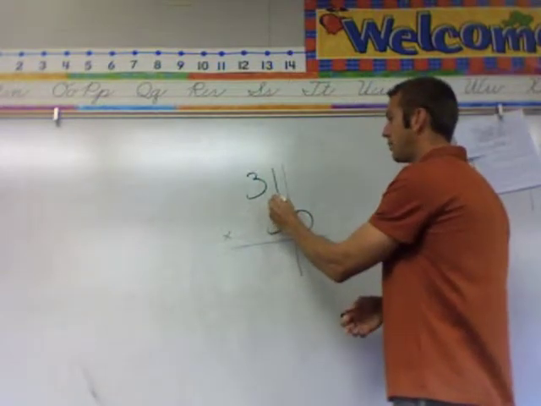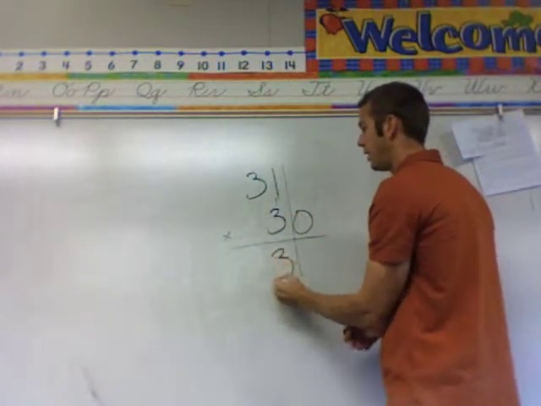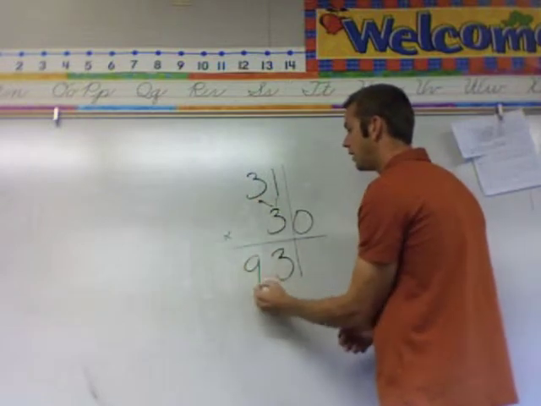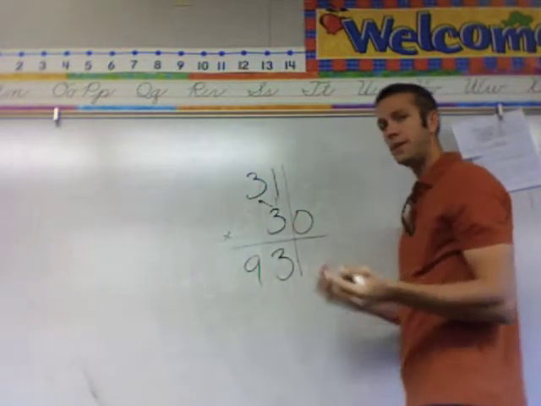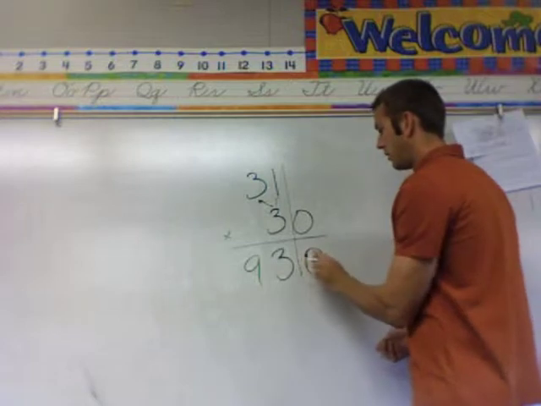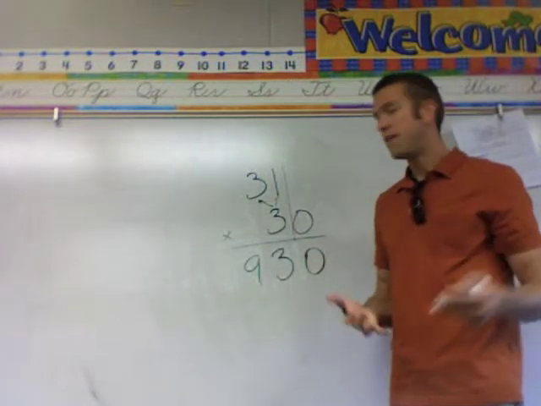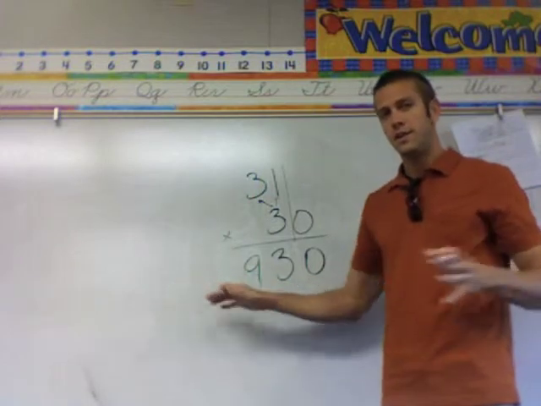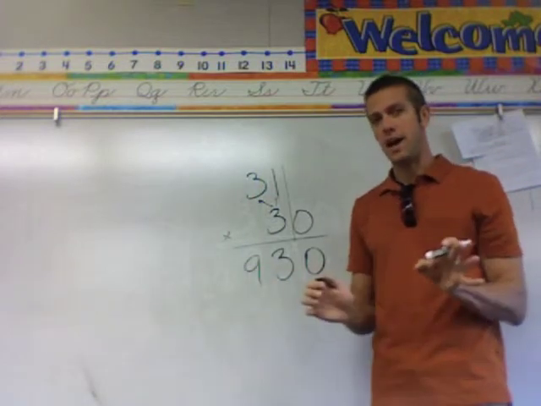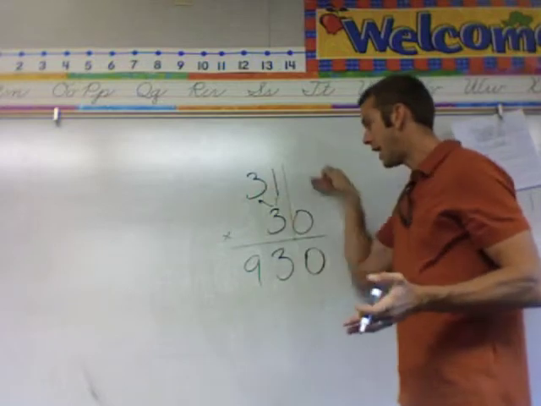So 3 times 1 is 3, and 3 times 3 is 9, and then you have to add on the 0 at the end. So your answer is 930. You don't have to do the adding or the dropping the 0 to do the column over, any of that. You just multiply the numbers and then add the 0.